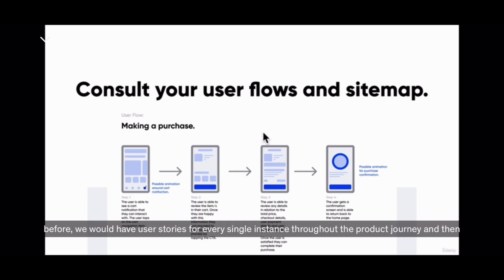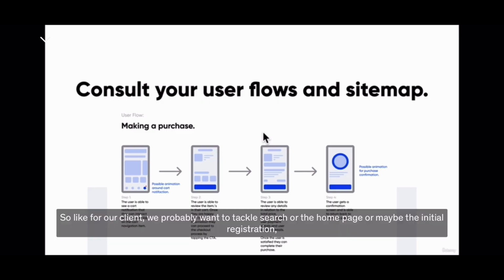Before, I mentioned that I would have user stories for every single instance throughout the product journey. We will come together to discuss which is the riskiest part of the product we want to tackle first. So for our clients, we probably want to tackle search or the homepage, or maybe the initial registration.